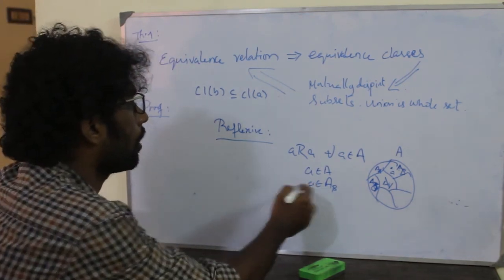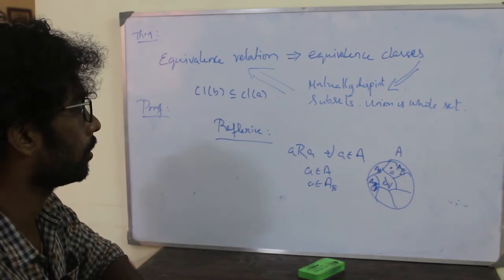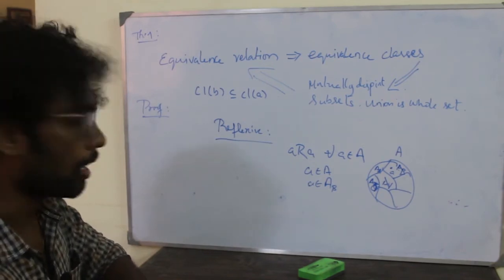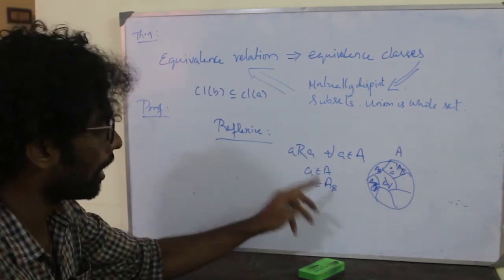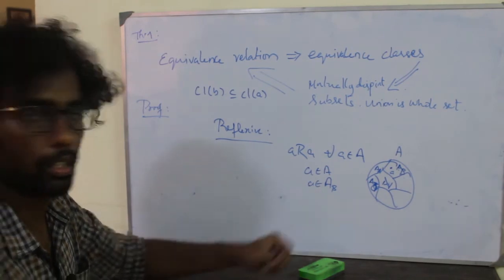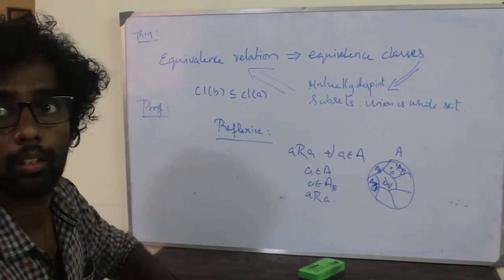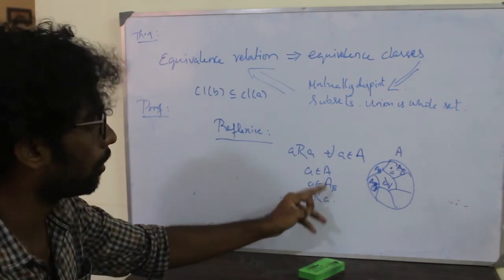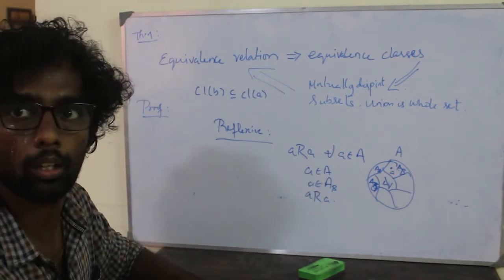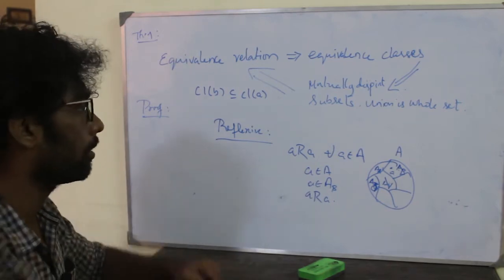So a is related to a, for all a belonging to A, since a belongs to A beta. Now element a and element a are in the same set. Therefore a is related to a. Both are in A beta. Therefore reflexive is proved.